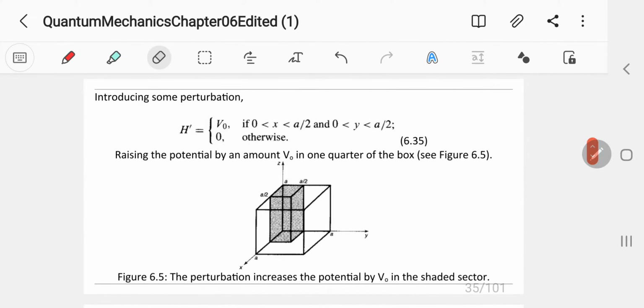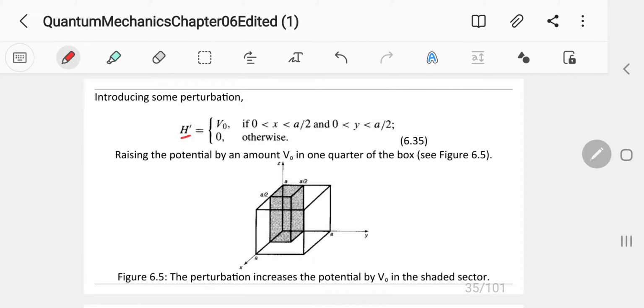So if we now introduce a perturbation, and this perturbation is given by H prime here, where the perturbation is V sub 0 if x is between zero and a over 2, and y is between 0 and a over 2, otherwise it's 0.